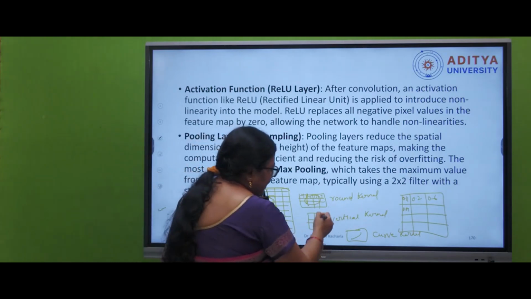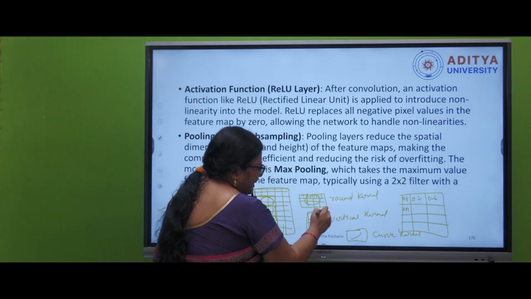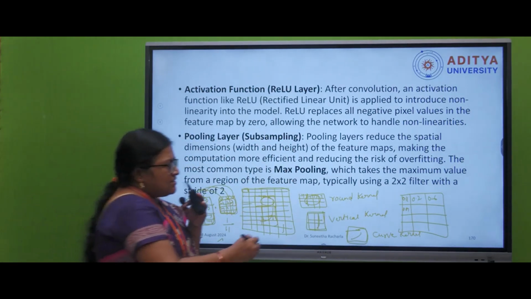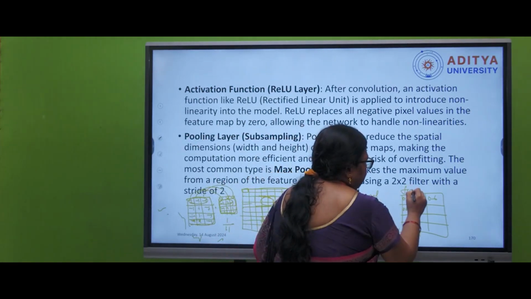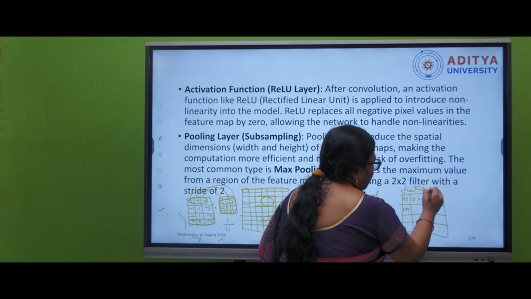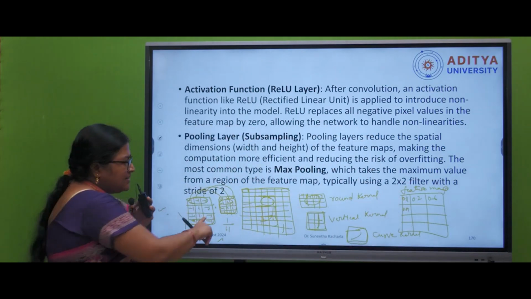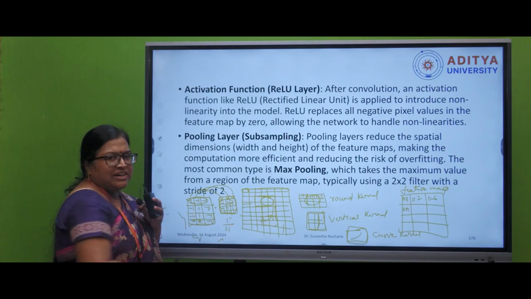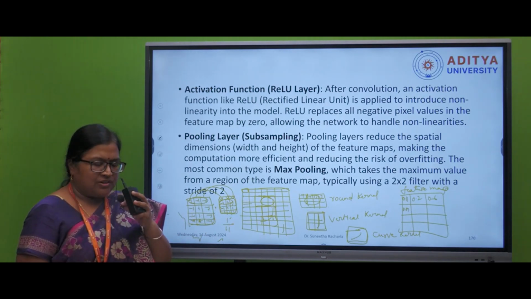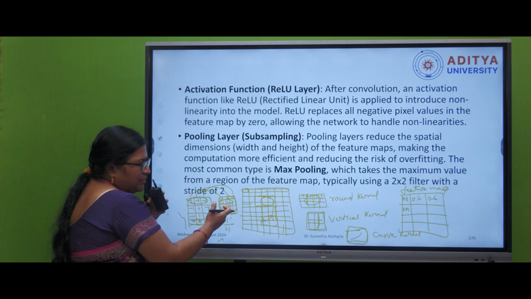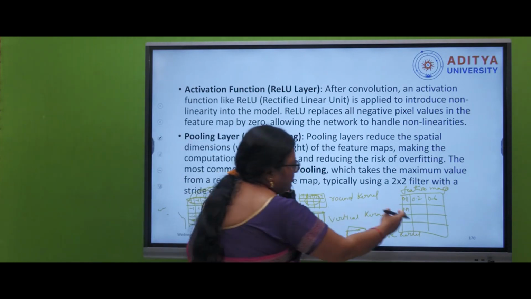Similar things I'll get when I apply a vertical kernel or a curve kernel. This thing I call a feature map, and this operation of dot product is called a convolution operation. So I hope you understood, this is the convolution operation and this is a feature map.